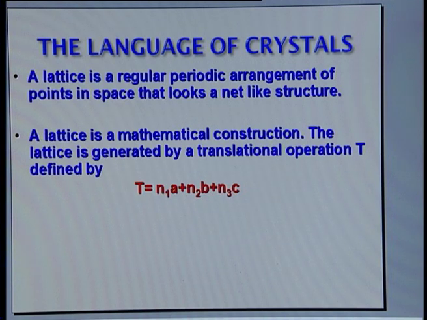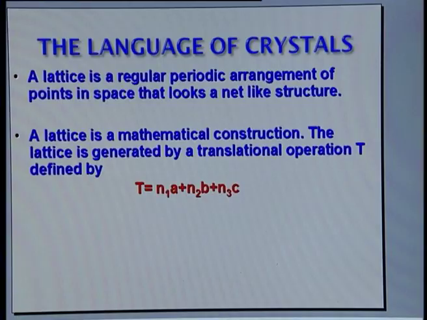And coming to your question, we should know what the language of crystals is, and you asked what the difference is between the lattice, basis and crystal structure. Crystal structure or crystal is a physical concept, whereas lattice and lattice points are a mathematical concept.